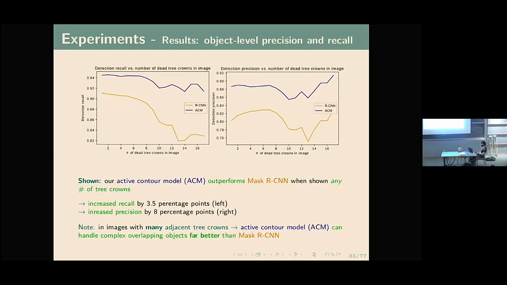As we see, our method, again shown in blue, outperforms mask RCNN for all levels of scene complexity. Especially interestingly, when the scenes are particularly complex, our active contour method can greatly improve detection recall. Even here, when you have 14 crowns, it's still doing pretty good.